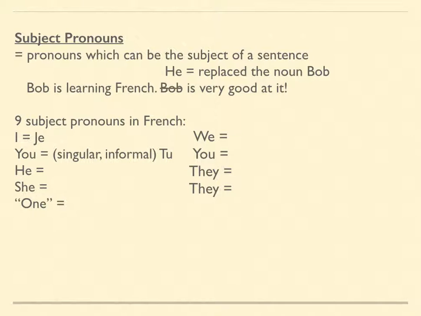How about he? How did we say he? The correct answer is il. Il, like comment il s'appelle? Il.